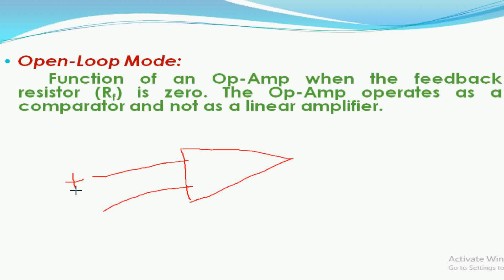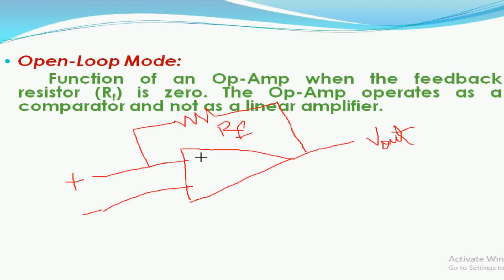For example, this is your positive and this is your negative. Actually, there is some resistor also. This is called the feedback resistor RF. From this point we'll take Vout.